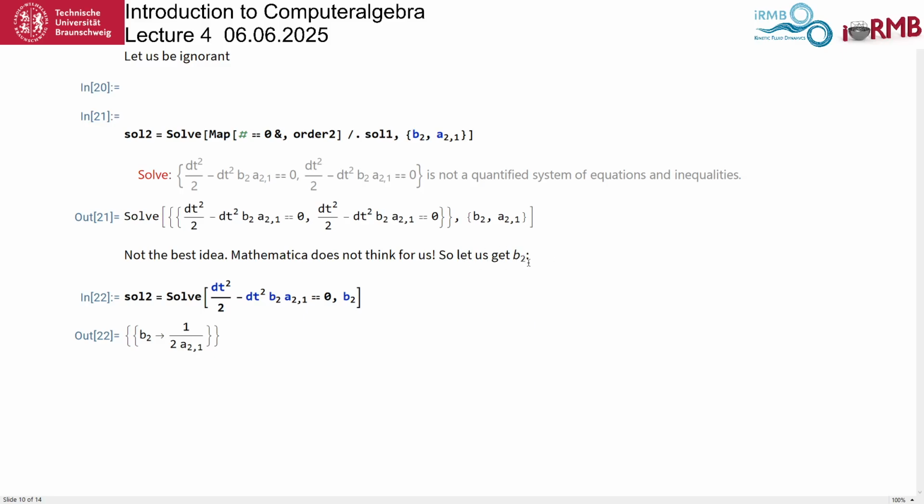Now, maybe artificial intelligence can do this for you too, but apparently the human has to get thinking again, and we have to make a decision. We want to solve for one of them. So I take one of them out, let's say I take B2 out, and I solve this one equation that I have, and then I get a relation between B2 and A21.